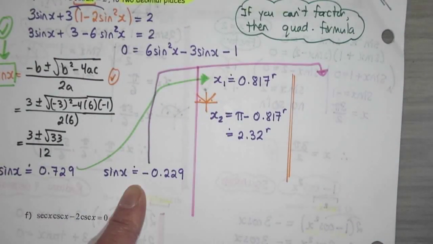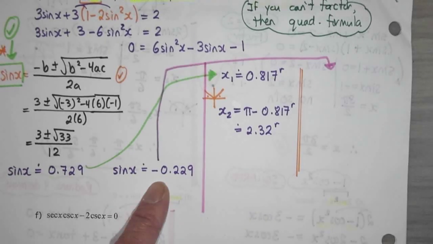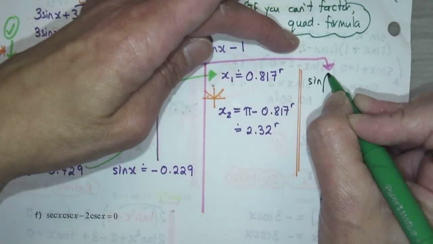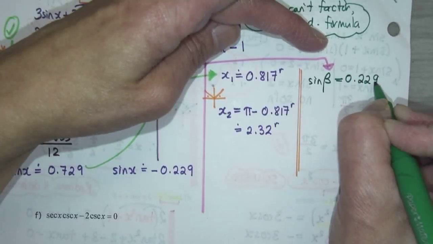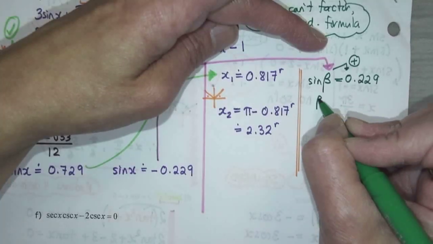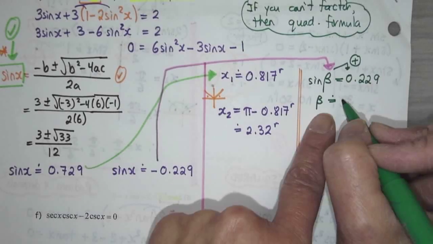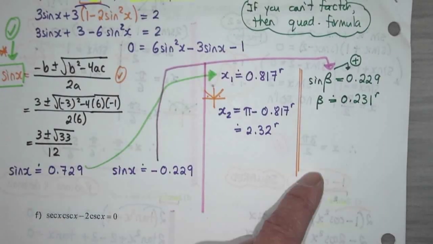And again, for those students who like to switch it, whenever it's negative, I do the related acute angle and then I fix it from there. If you don't need to do that step anymore, that's fine, but I'm going to show it. So sine beta is 0.229. Remember, I do the positive, right? So then beta is approximately, I got 0.231 radians.